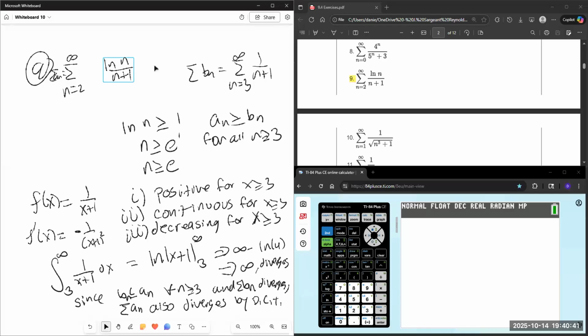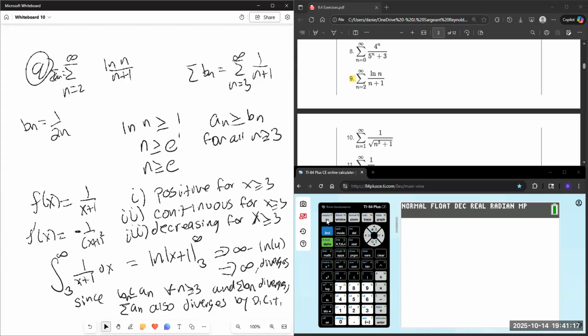And with a big enough multiplier in the denominator, such as bringing this 1 up to a 2, and bringing that ln of n down to a 1, both would make it smaller. So I think that I could get away with using a Bn of 1 over 2n as well, and then saying that Bn is a divergent p-series and that we would not need to use the integral test here.